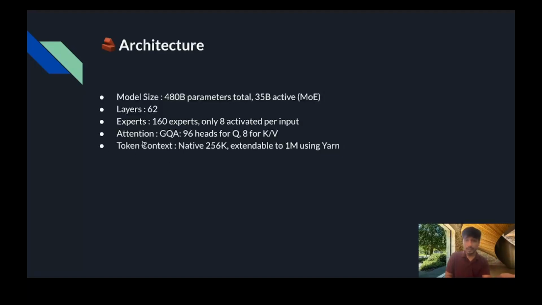If you see the attention part, they are using grouped query attention instead of normal attention, in which they are giving 96 heads for query and 8 heads for key and value pairs. This attention basically helps in memory optimization, and without much compute, it gives the same performance.